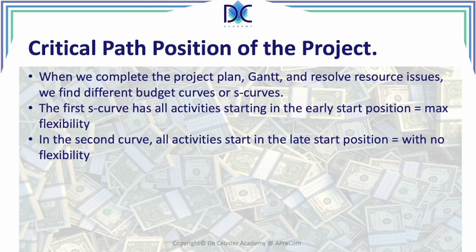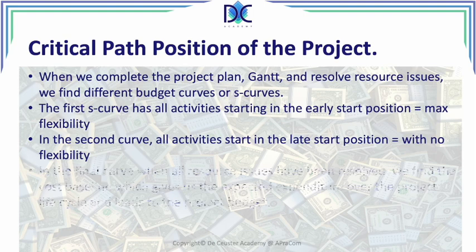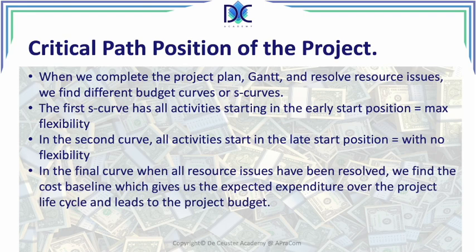Now, when we look at this, there are two important elements that we can consider here about the budget itself, about the expenditure of the project. But first, let's have a look at the final curve. When we finish the project, when we resolve all the issues related to resources, we find the final project budget or the baseline.